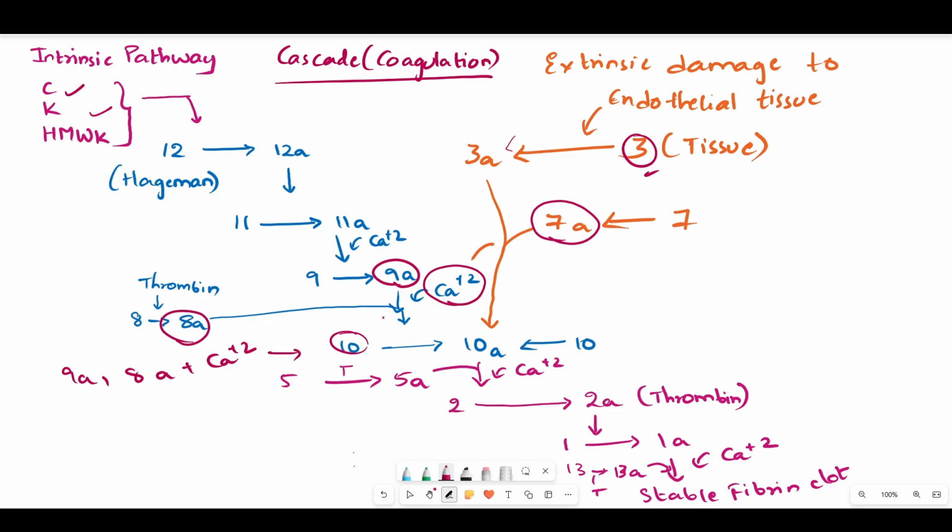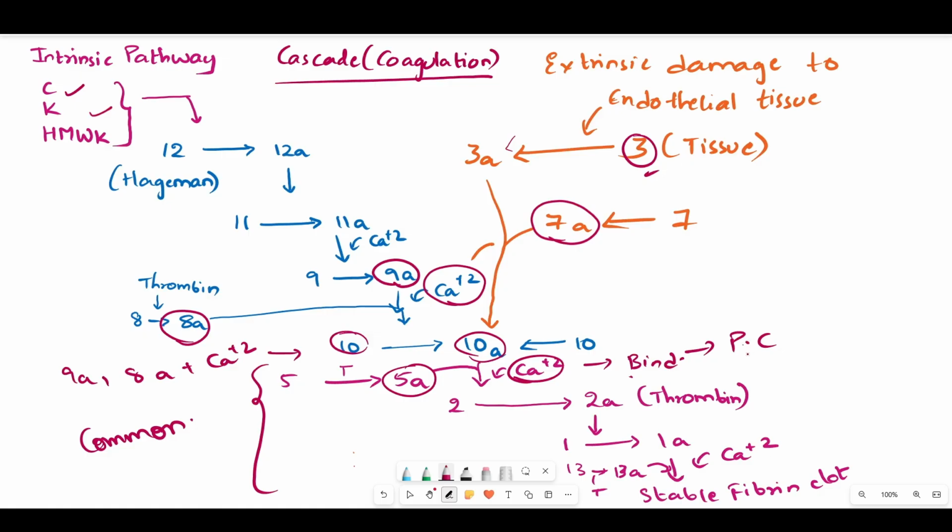Now this entire thing we will call the common pathway. What happens now? Our factor 10 is activated, so this will be initiated after the activation of 10 to 10A. Then this begins whenever 10A, 5A and a calcium molecule bind together. This will lead to the formation of the prothrombinase complex.